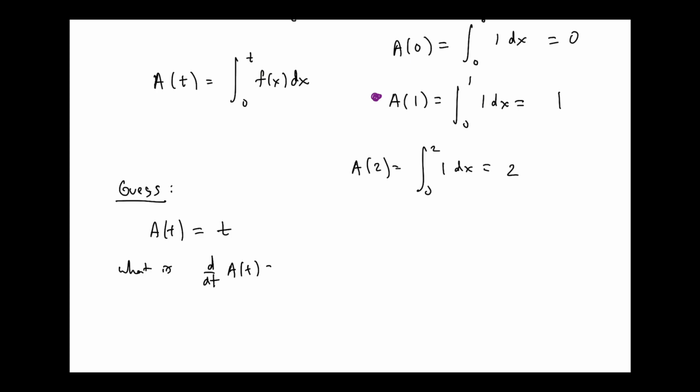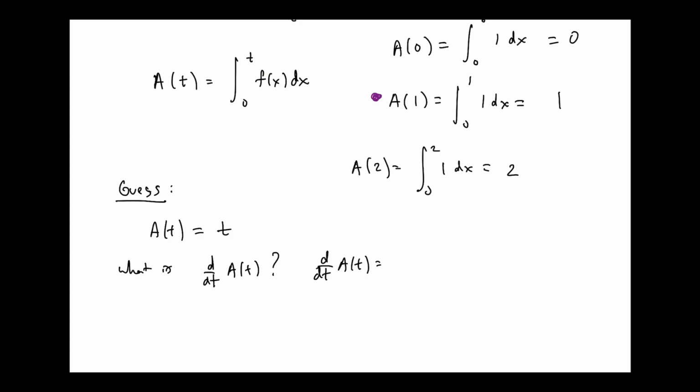Well, okay, so I've got this function that describes how the area grows as I sweep towards the right. In this case, it's linear because the original function was constant.